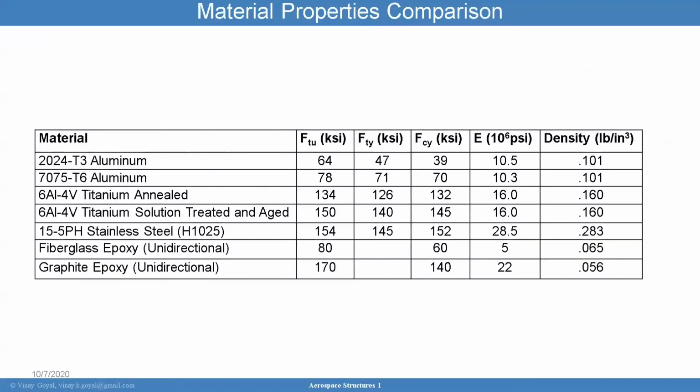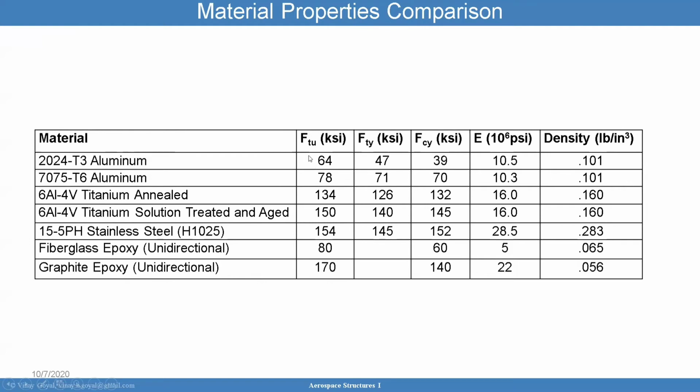When I compare materials across the board, what you notice is that graphite epoxy, for example, has great tensile strength compared to any other properties. And when I look at the density, it is quite low compared to any other material. So clearly composites offer that strength to weight ratio benefit.